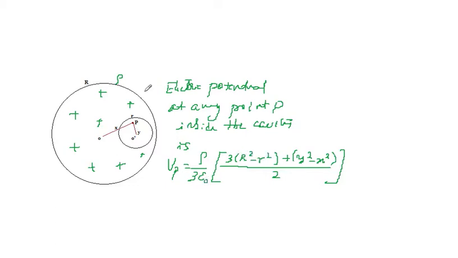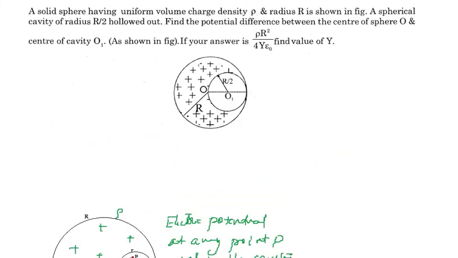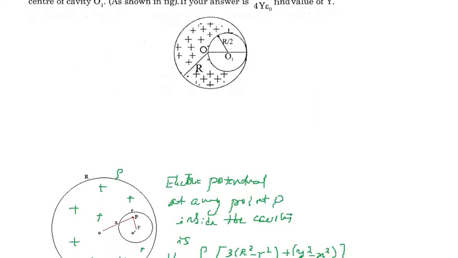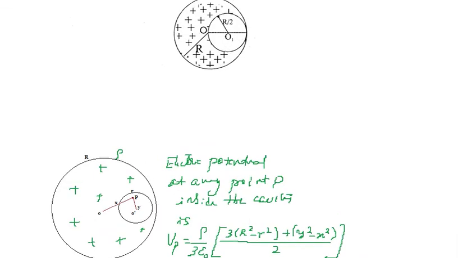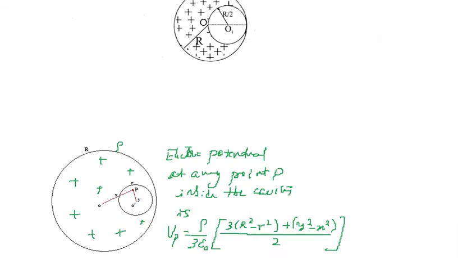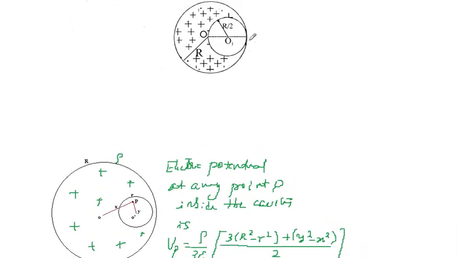R is the radius of the big sphere and small letter r is the radius of the cavity. Y is the distance from O dash to P and x is the distance from O to P. So now, the question we have today, we have to compare this particular condition with the given one.